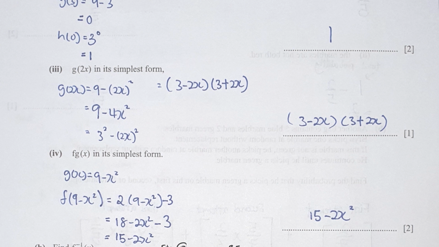For part 3, substituting 2x into function g, you will get 9 minus 4x squared. For this, you're required to use the a squared minus b squared formula. So I transform it into 3 squared minus (2x) squared. Expanding it, you will get (3 minus 2x)(3 plus 2x).